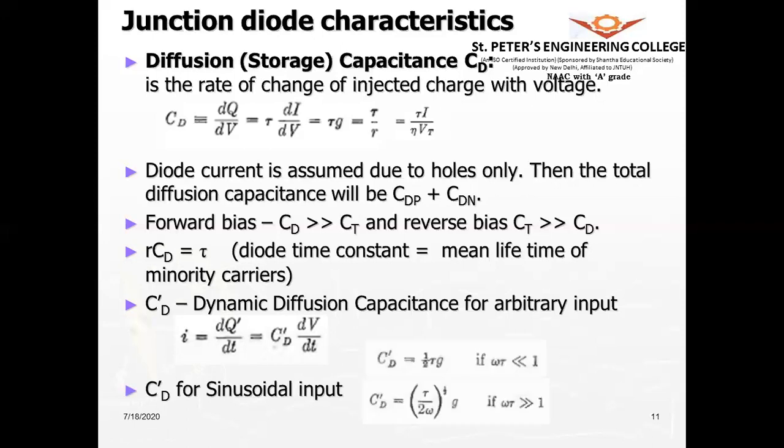For a sinusoidal input, C dash D is equal to half into R g when omega tau is far, far less than 1, and it will be 1 by 2 omega tau whole power half into G if omega tau is far, far greater than 1.